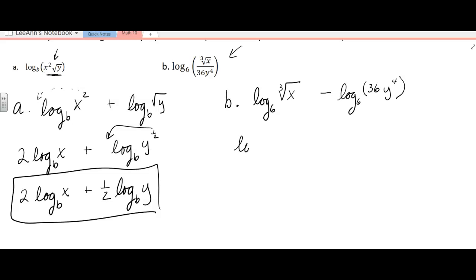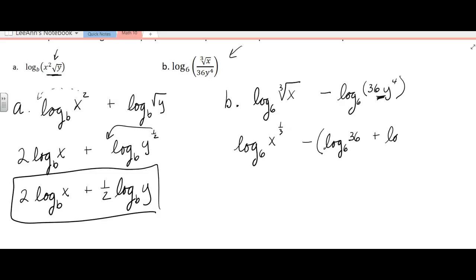Let's write log base 6 x to the 1/3. Okay, so we're going to change that radical to a rational exponent. And then minus, now I'm going to bring in a parenthesis here, log base 6 of 36 plus, so I see this multiplication here, 36 times y to the 4th. I have to split that up.